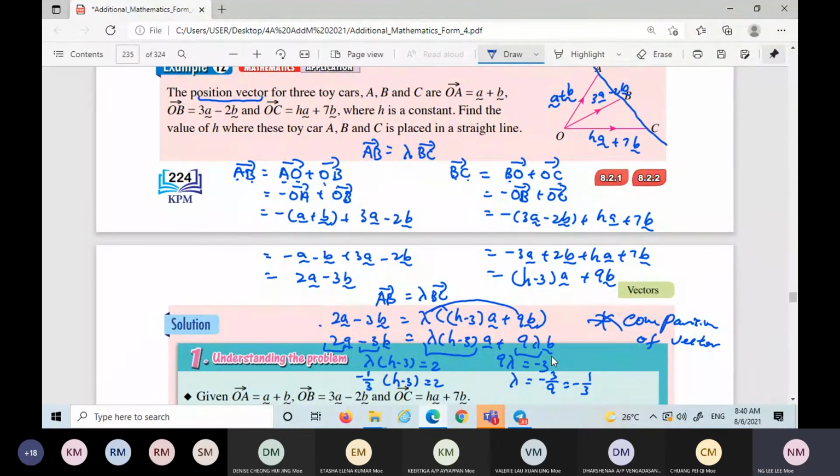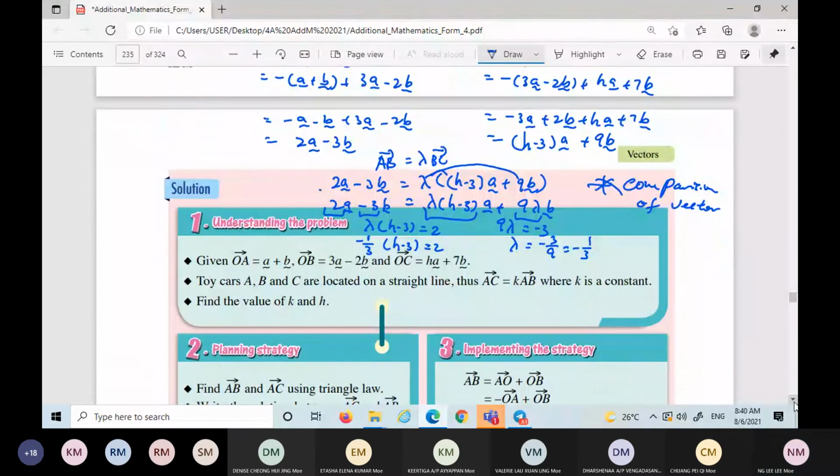What's the question? Find the value of h. So continue. -3, right, my answer. Right?